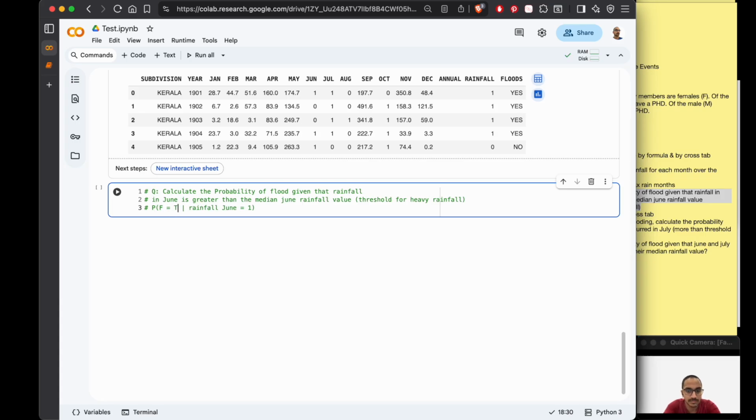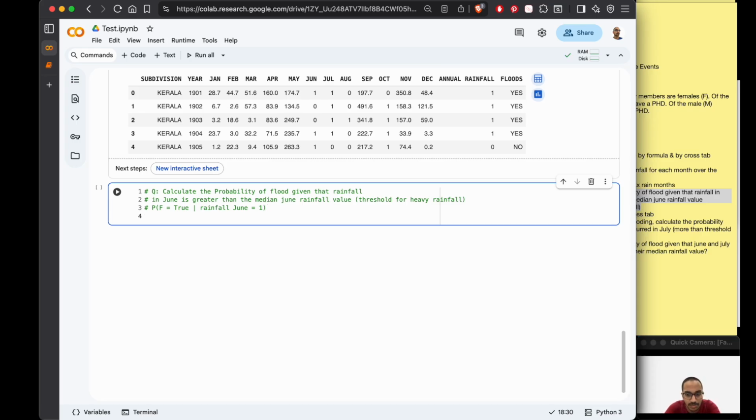So, flood is true, and rainfall June is 1, which means it's greater than the threshold. Okay, now there are two ways of solving this. We'll directly jump into creating the cross tab. So we'll do pd.crosstab.